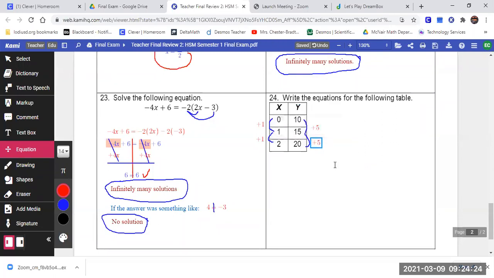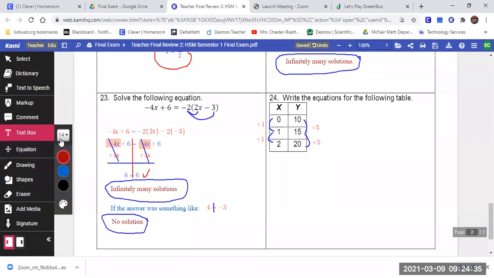All right. So we need to write an equation. What do we need to find first when we're writing the equation? Now that we've got our jumps, what do we need to solve for first?